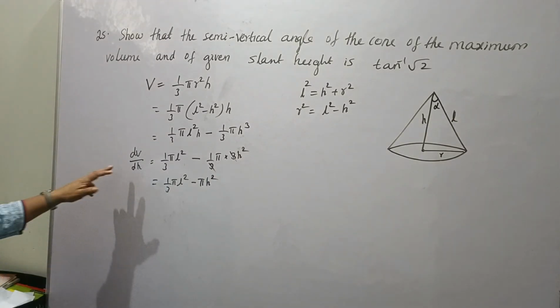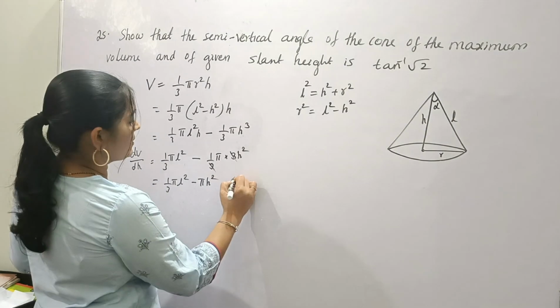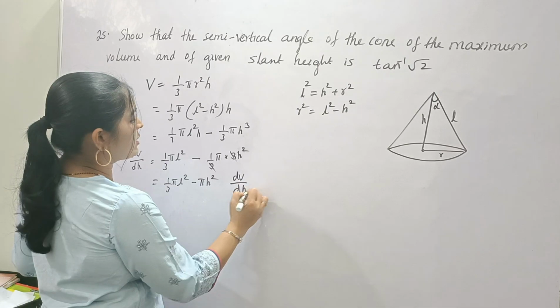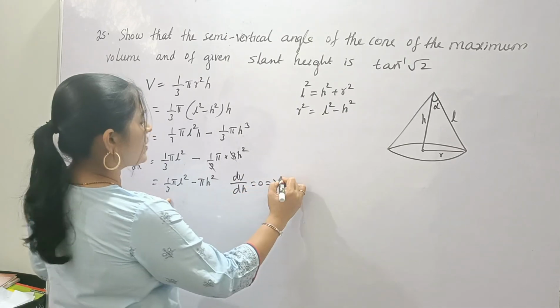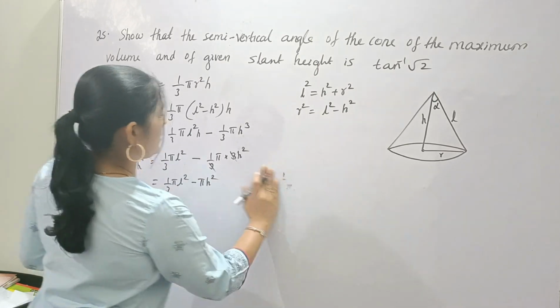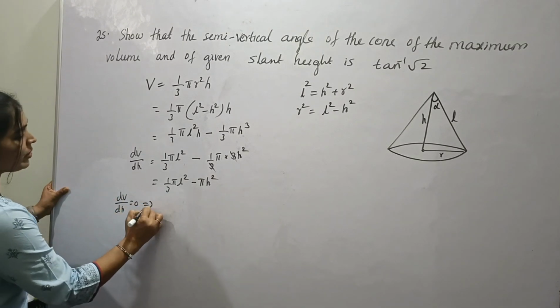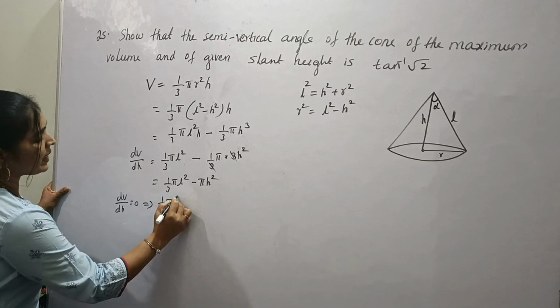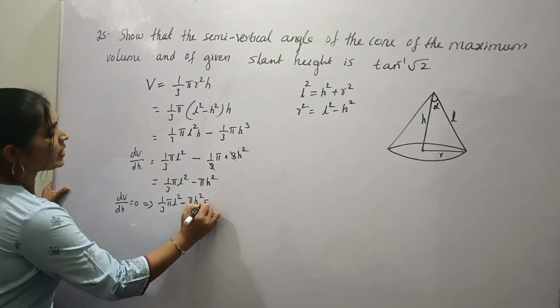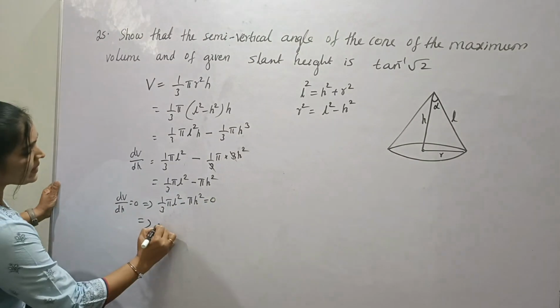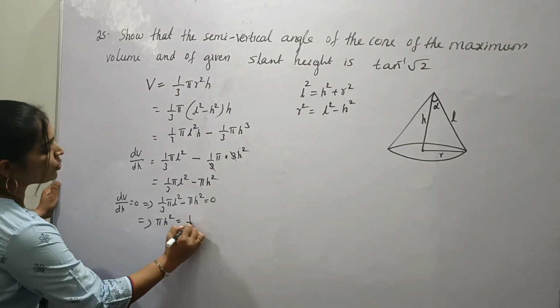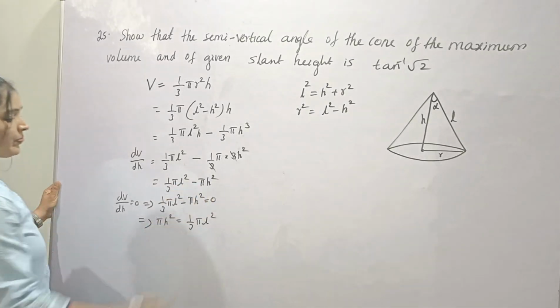Okay, then let's find the value of h. For that, dv by dh is equal to 0 implies 1 by 3 pi L square minus pi h square is equal to 0. That implies pi h square is equal to 1 by 3 pi L square.